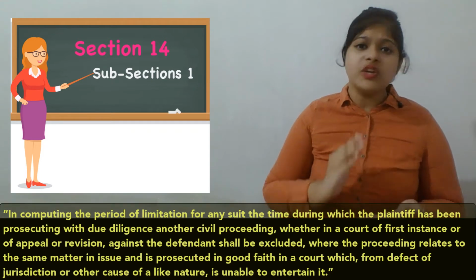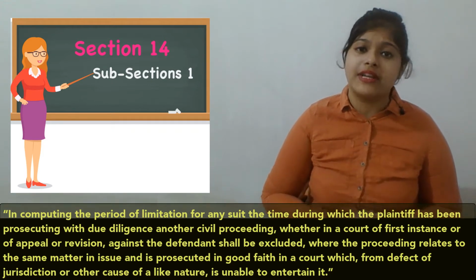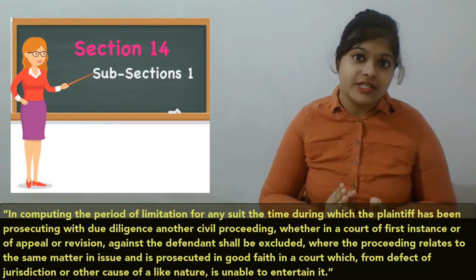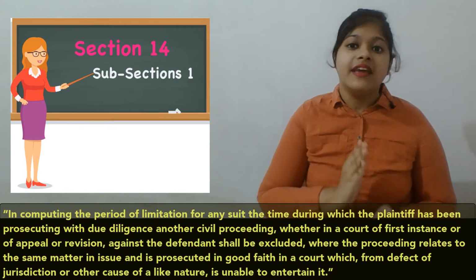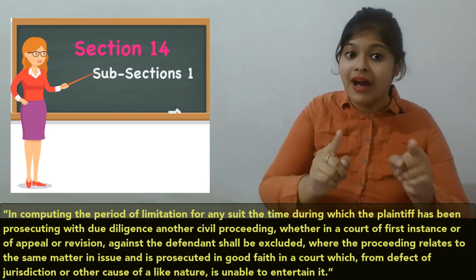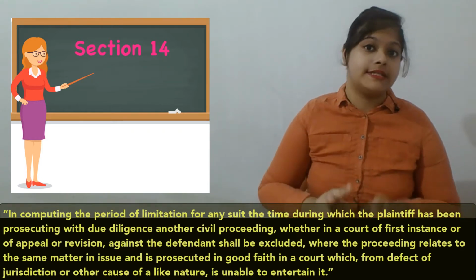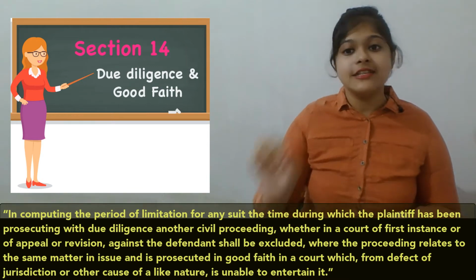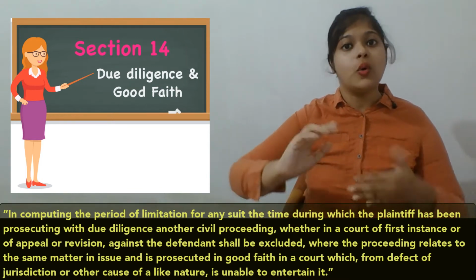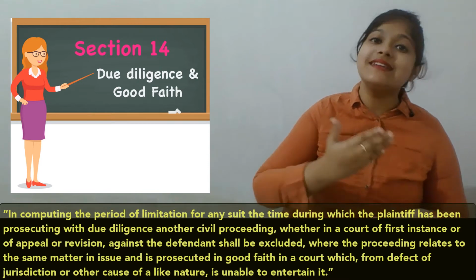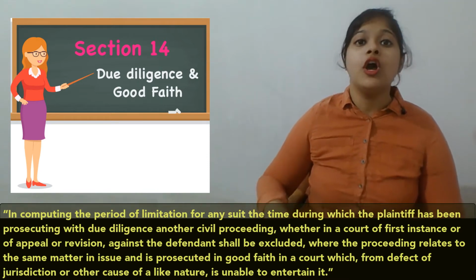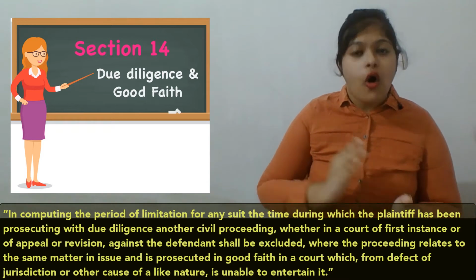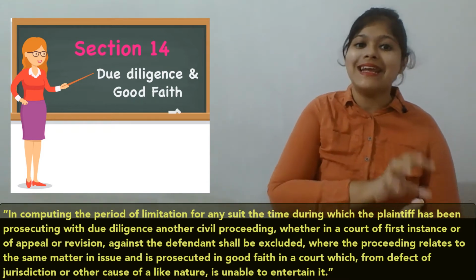So subsection 1 of section 14 simply says that if a plaintiff, with due diligence or in good faith, here you have to keep in mind the 2 words, due diligence and good faith, files a suit or an appeal to a higher court or files a revision in a court which has no jurisdiction on the matter or any other cause of like nature.